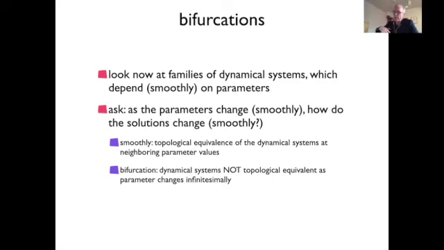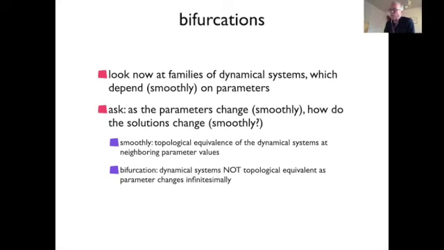And what we want to look at here is parameters that change that function smoothly. That is, if you look at the function f, the dynamical function, there will be a continuous change. In fact, you can ask for the differentiable change of the dynamical function as a function of that parameter.